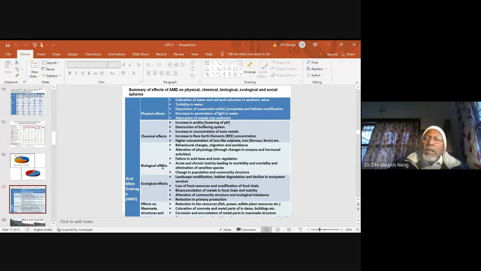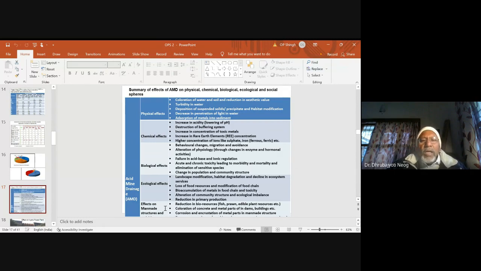Then it affects the water bodies biologically, and I have already talked about the diversity. The fauna disappear, or if they are present, their diversity goes down. And then ecologically, if acidic water goes to the land, then the soil also becomes acidic.